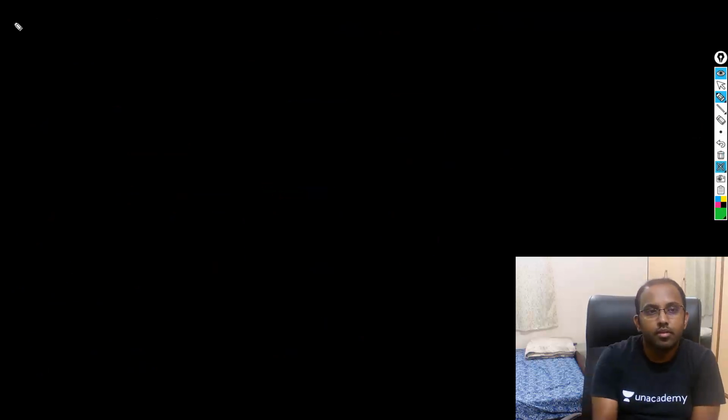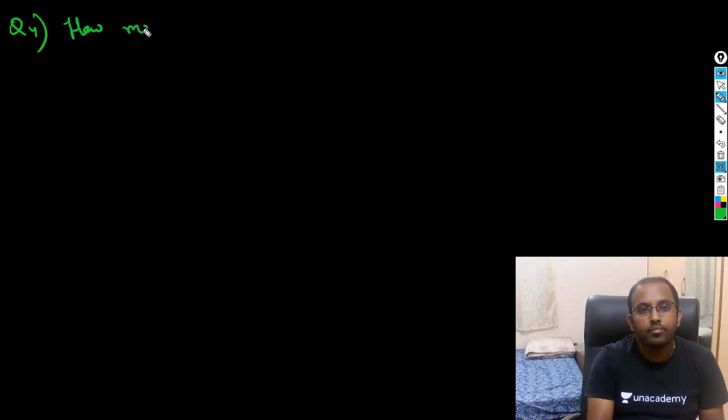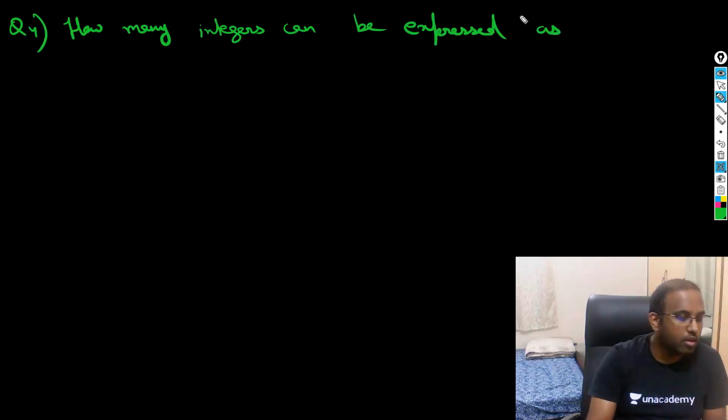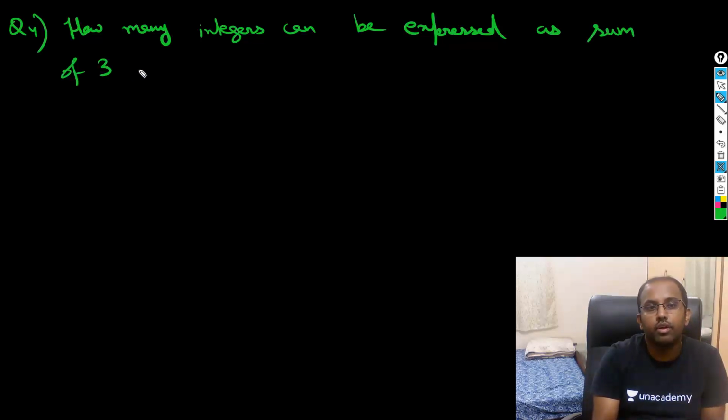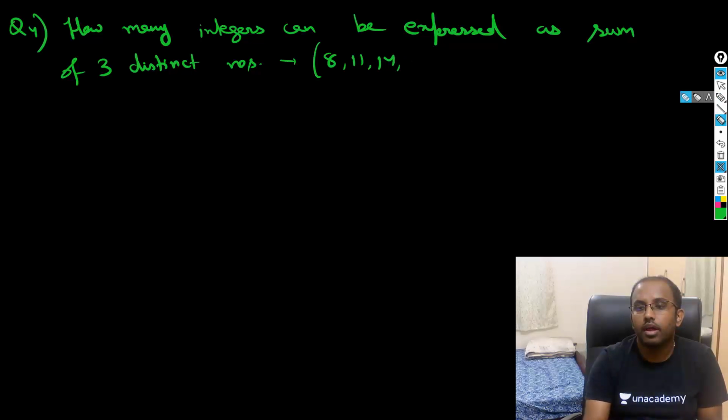Question 4. This question says: how many integers can be expressed as a sum of three distinct numbers from the set 8, 11, 14, 17, 20, and it goes on to 77?